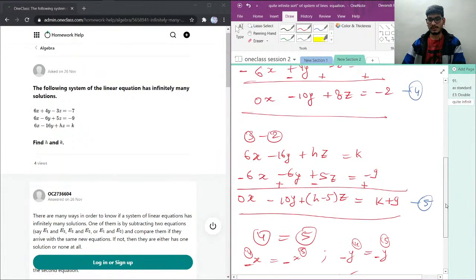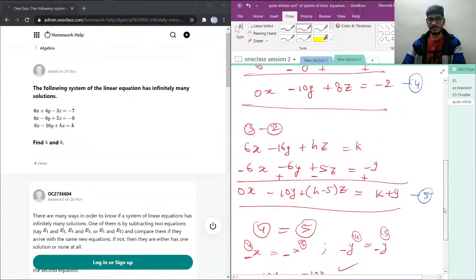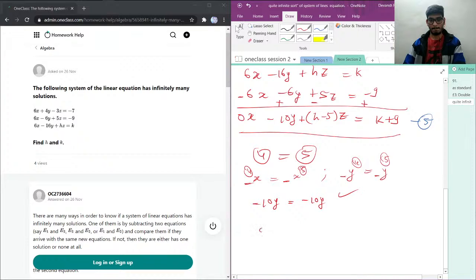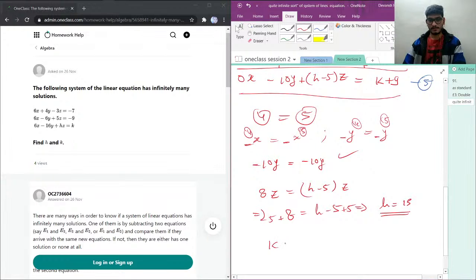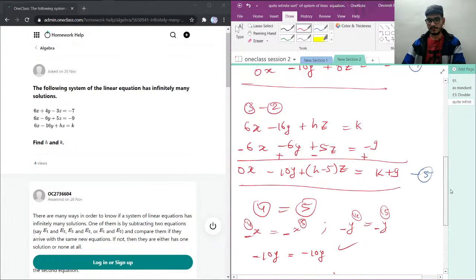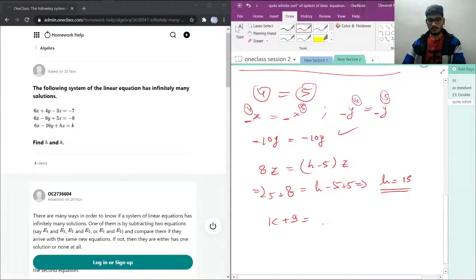Then for z we have 8z equals h minus 5, and I can add 5 on both sides. So h is going to be 13, and we have k plus 9 equal to negative 2.